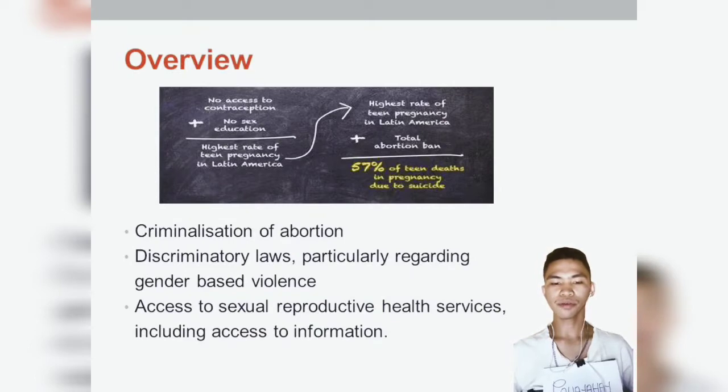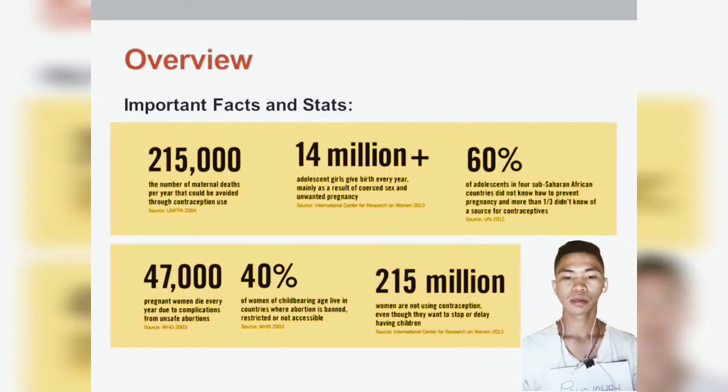The overview includes criminalization of abortion, discriminatory laws, particularly regarding gender-based violence, and access to sexual and reproductive health services, including access to information. The state of sexual and reproductive health across the world, especially of women, is dire.